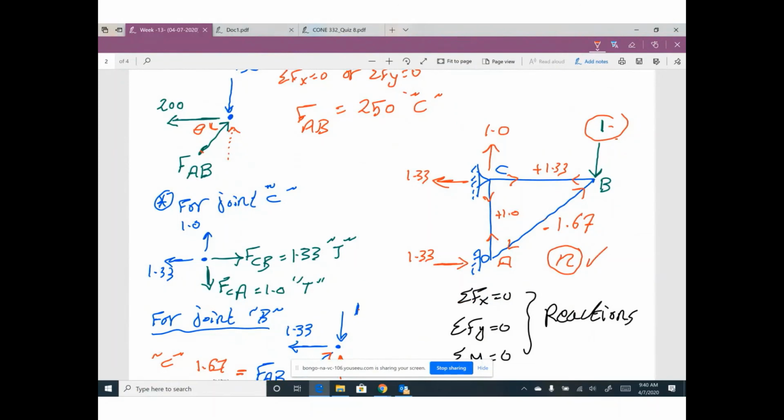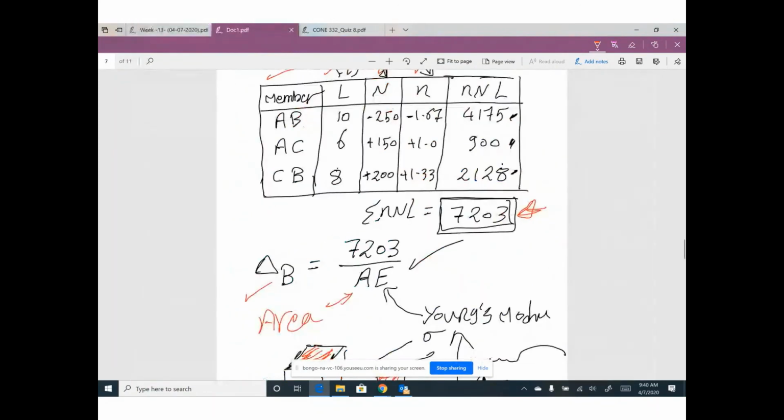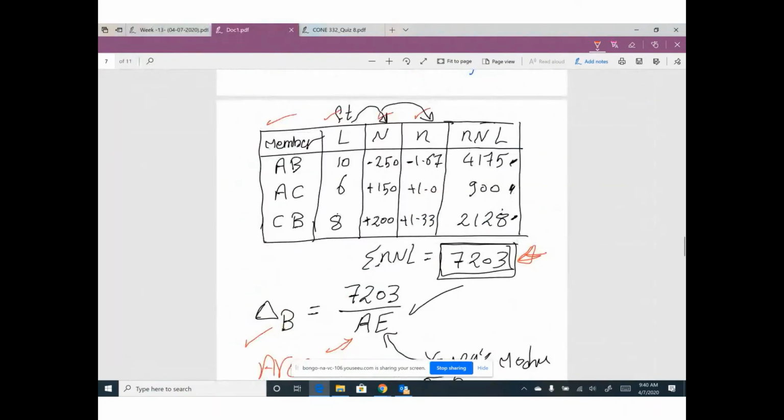Finally, please go ahead and set up a very simple table. The first column is each member. The second is the length of each member. Then the internal forces, capital N, and the internal forces, small n. Go ahead and multiply these three columns together. Please don't forget your sign. Here we have negative times negative is positive, positive times positive is positive.